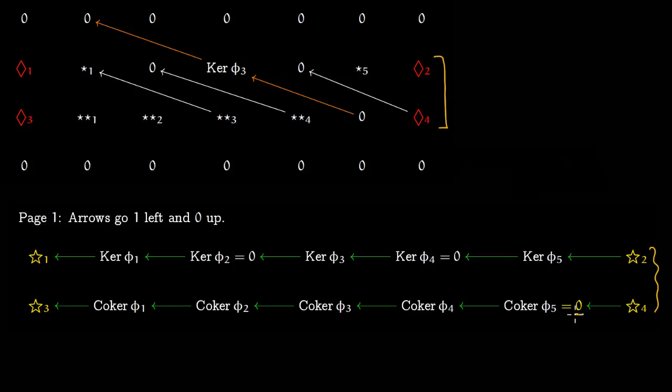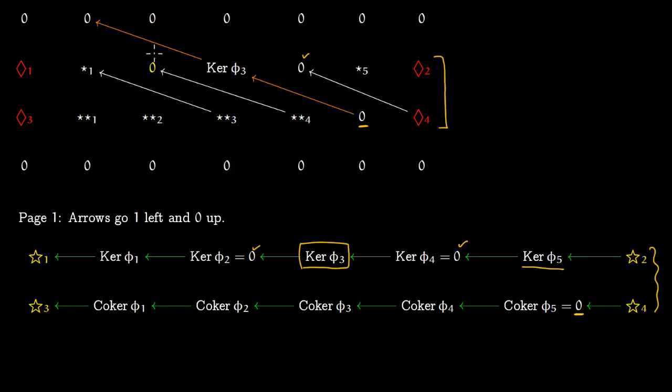This is just a 0 module, so since homology is a submodule of this, it is also going to be 0. Corresponding to here, homology we are writing as star 5. This is just 0, so its homology will also be 0. And we mentioned before this kernel of phi 3, the homology here will just be kernel of phi 3 because there are 2 zeros here. So you have kernel of phi 3.